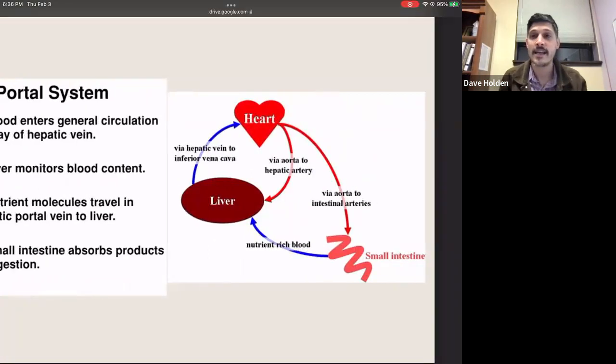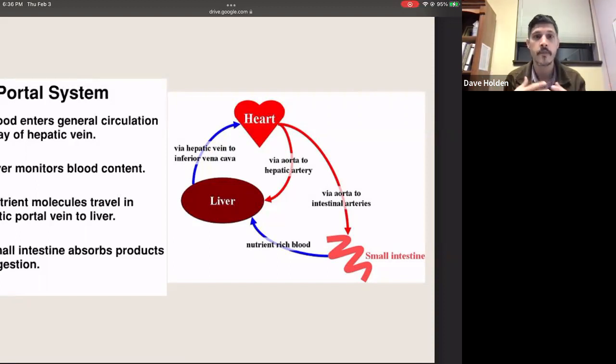From there, it ends up in the inferior vena cava, so we know it's on its way back to the heart. From the heart, we know what happens there, right? Right atrium, valves, something about lungs, we're cool. After we leave the heart, we will either travel via the aorta through the hepatic artery, so we're heading to the liver and we end up in the liver.